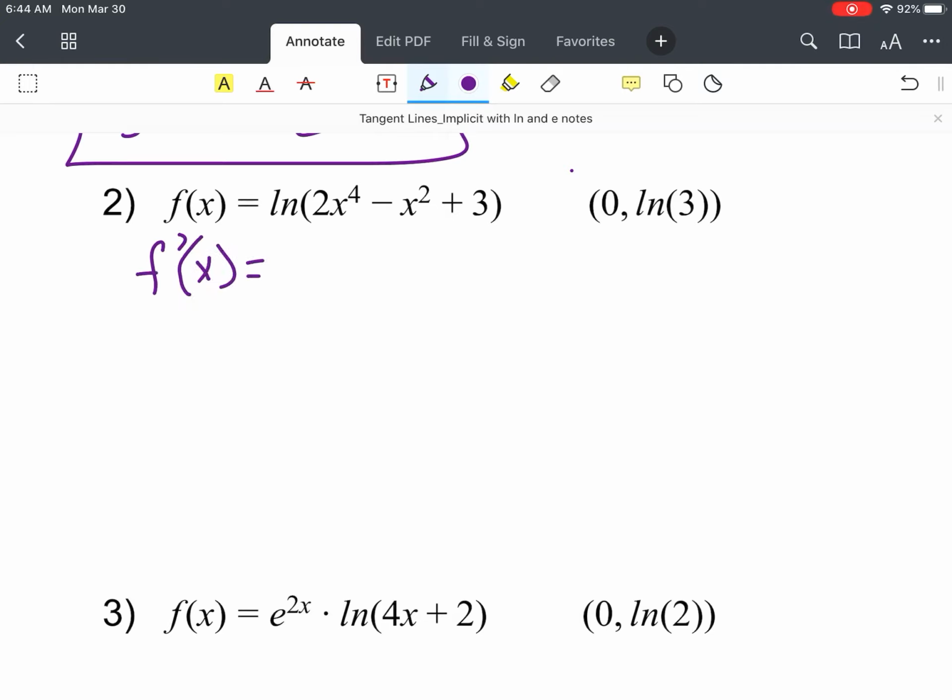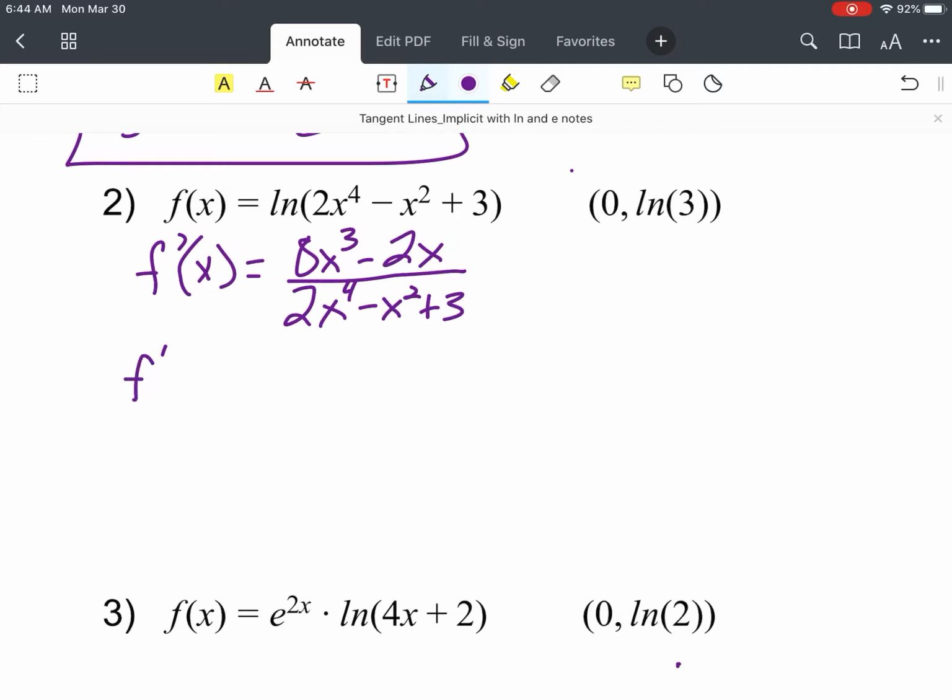Okay, let's look at it with an ln. So if I want to take this derivative, f prime of x, I'm going to put whatever's on the inside on bottom, take the derivative of it and put it on top. So the derivative would be what? 8x cubed minus 2x.